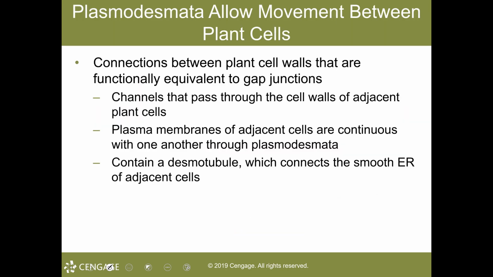And then plasmodesmata to end the chapter. Plasmodesmata are a type of gap junction in plants, a connection, meaning a channel between this cell and that cell, such as for water, ions, and small molecules.